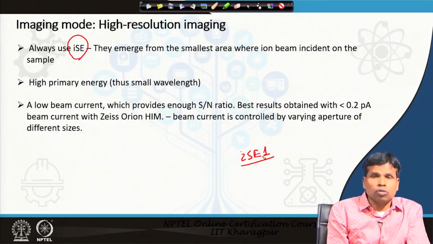The signal, nothing but the secondary electrons generated because of the ions, comes from the smallest area, so they give the best resolution in the scanning microscopic technique.